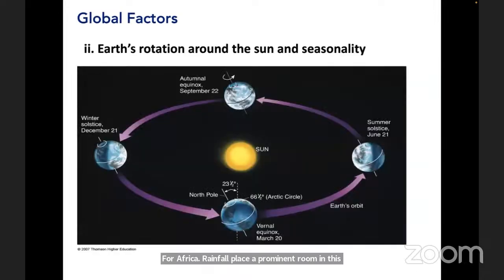Then we talked about Earth's rotation around the sun and how that leads to an apparent movement of the sun, a north-south movement of the sun on Earth, and how with that apparent movement of the sun between 23.5 north and 23.5 south, that movement determines the season, and how certain areas could have a single rainy season and some areas close to the equator could have two rainy seasons.